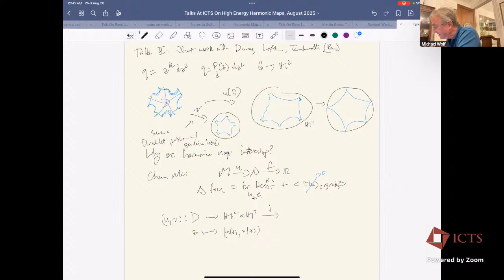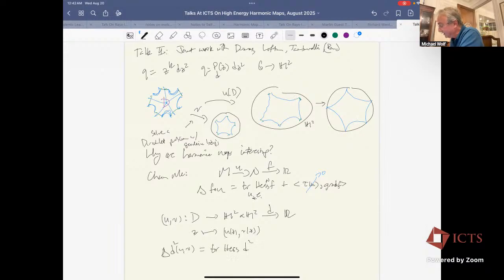I can look at the distance between two points in H2, which gives me a real number. So I'm really looking at the distance from U to V. If I take the Laplacian of that, I get this trace of the Hessian of the distance. Let's make it smooth and use distance squared.